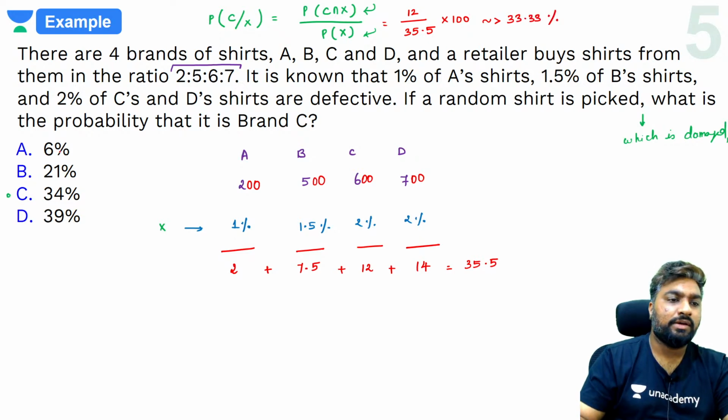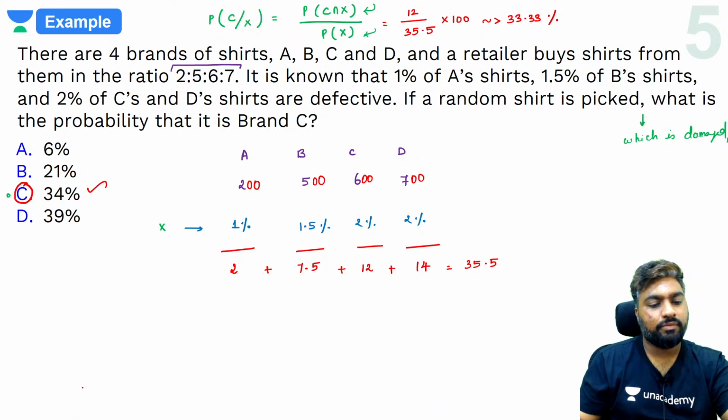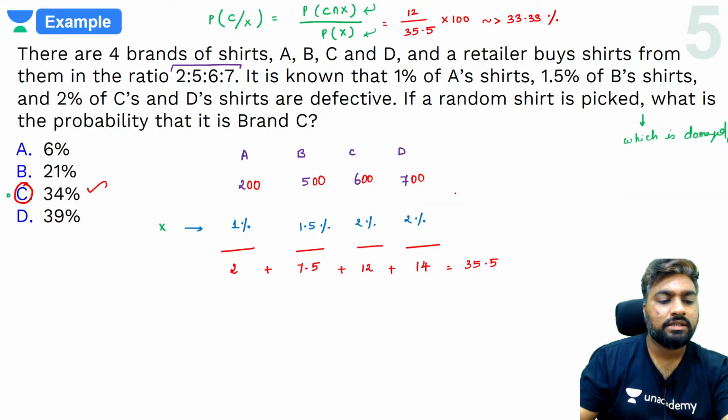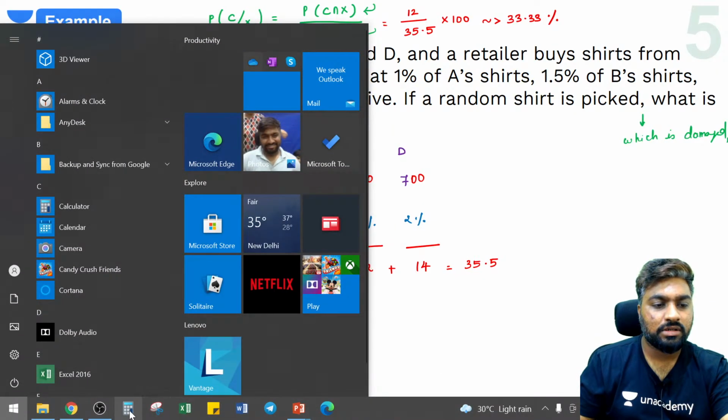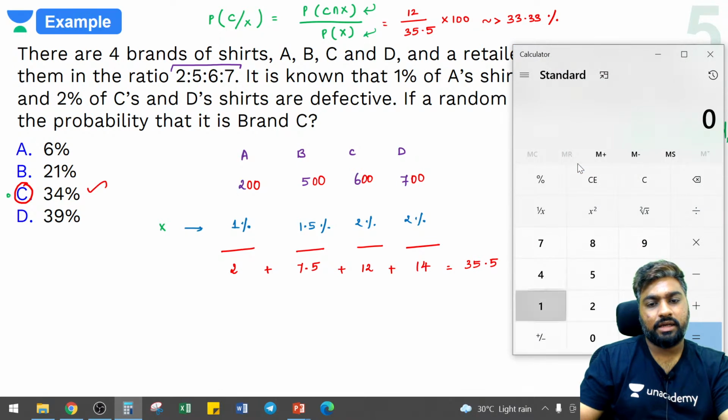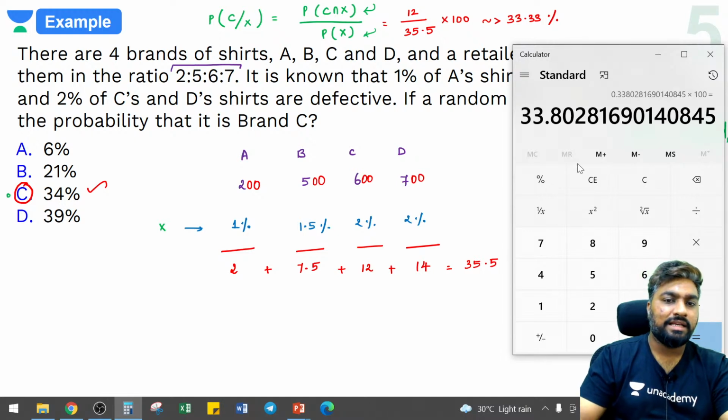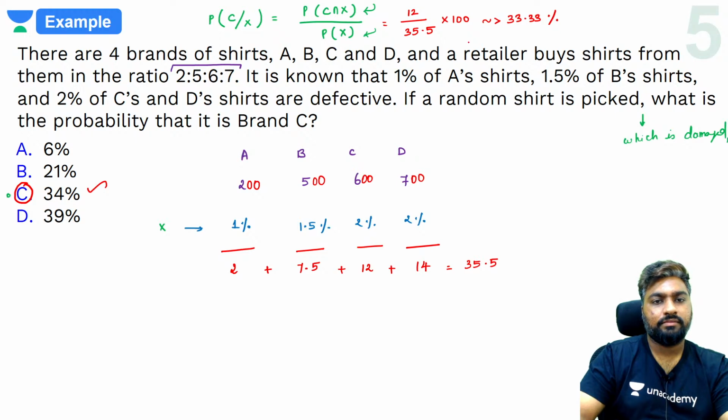Yes, the only value a little more than 33.33% is 34. This is our answer. If you put this on the calculator, you will get 12 by 35.5 into 100, which is 33.8%, closest 34.